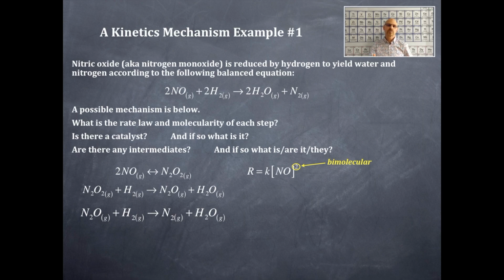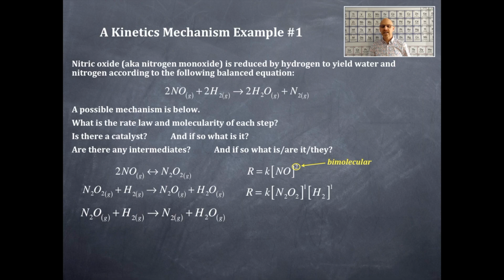Okay, let's determine the rate law for the second elementary step. And again, because it's an elementary step, we can write the rate law based solely on the stoichiometry of the reaction itself. And knowing that it's an elementary step, that works perfectly fine. Remember, rate laws are based on reactants only. So here is our rate law.